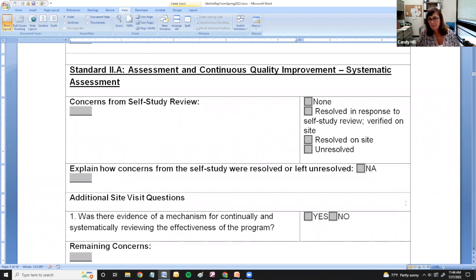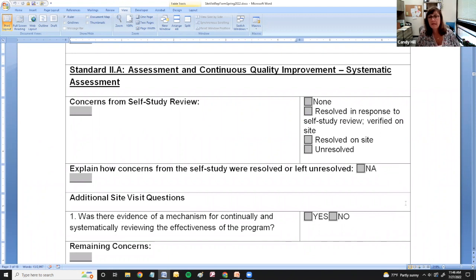And I'm a paper person, so I'll print them out, put them in a folder, label it 2A, and then when the site visitors ask, or even before they ask, a lot of times I will say, here is my assessment all in one place, so that they can look through that and effectively answer this particular question.